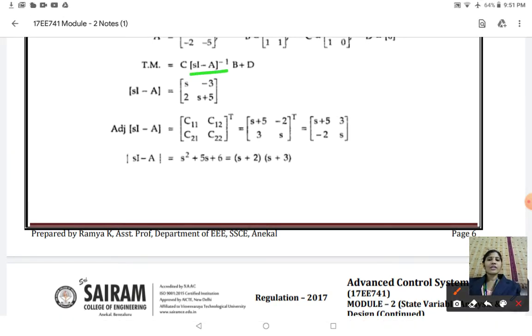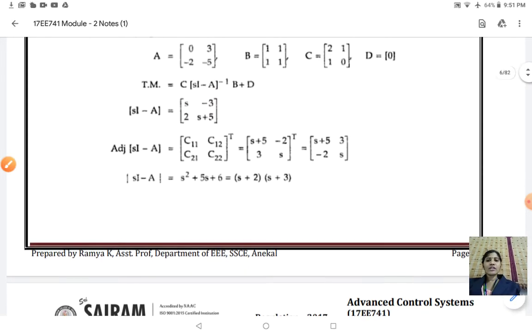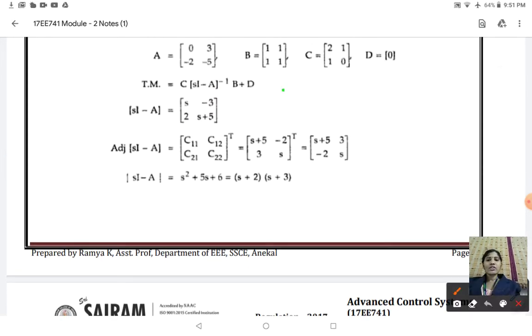So sI minus A can be obtained as follows: s is a constant, and I is the identity matrix whose order is equal to the order of matrix A. In this problem the order of matrix A is 2 cross 2, therefore the identity matrix is also 2 cross 2.